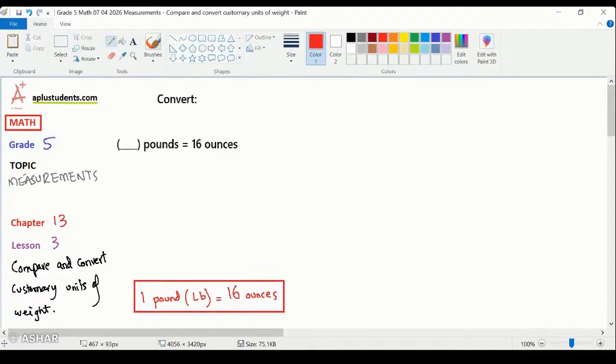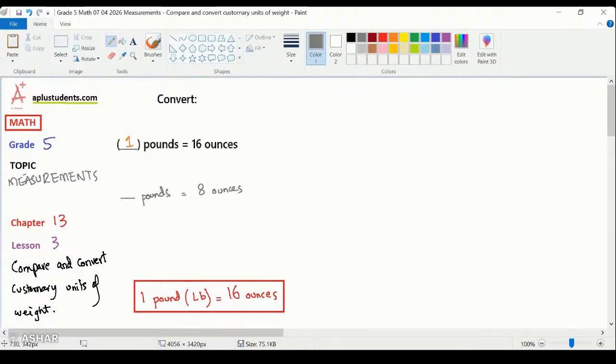So if we need to convert pounds to ounces, that would mean 1 pound equals 16 ounces. Agreed? But if I would say convert dash pounds would be equals to 8 ounces.